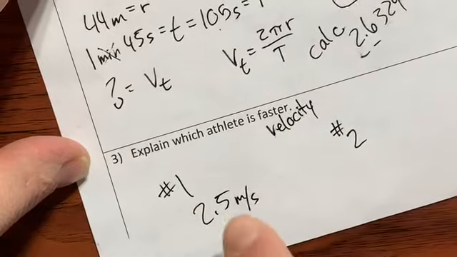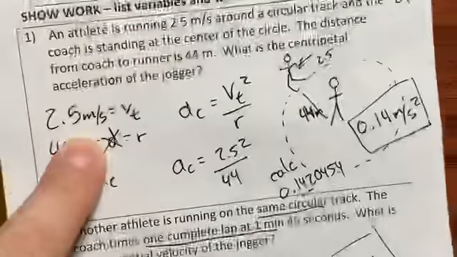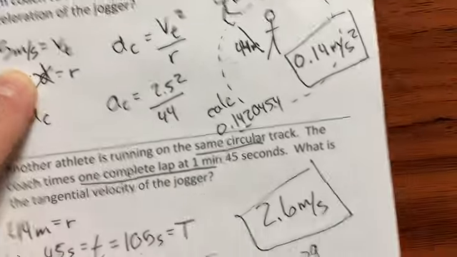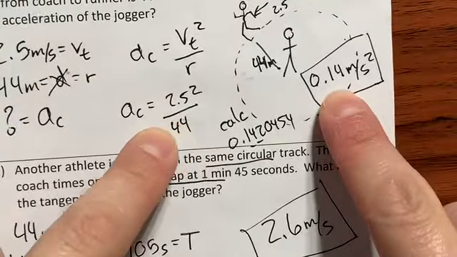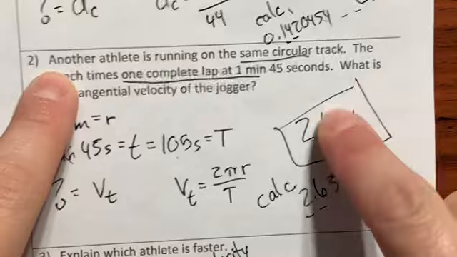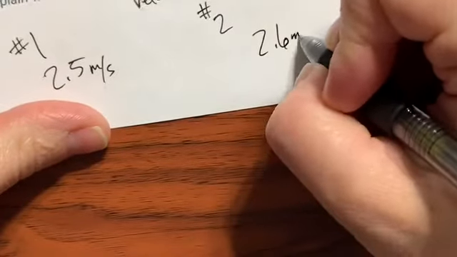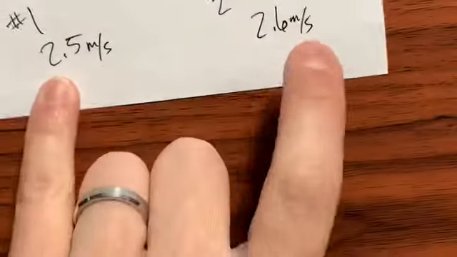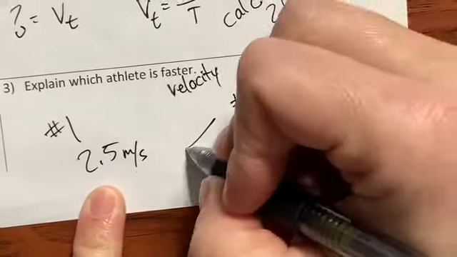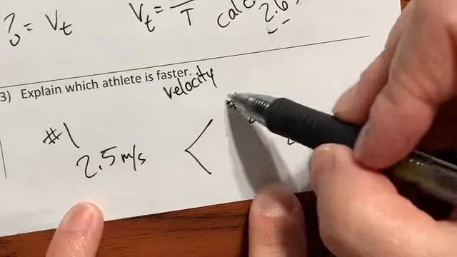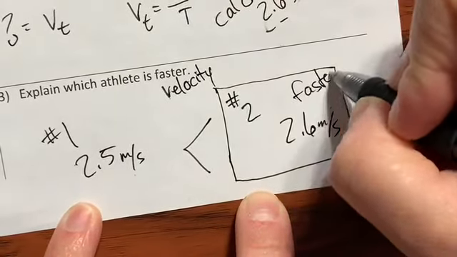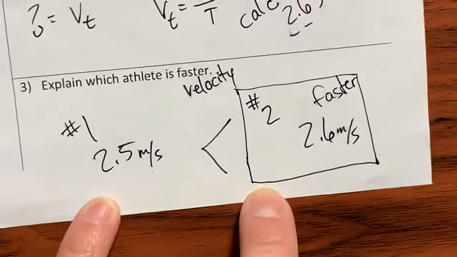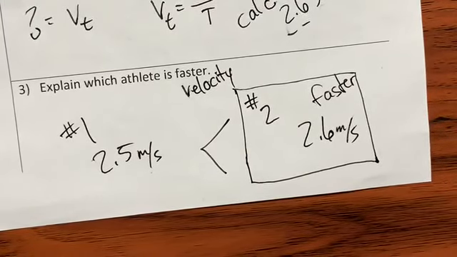That's letting us know it's velocity. So velocity is 2.5, not the acceleration. That's something different. Number 2, that's the velocity of athlete number 2, 2.6 meters per second. Comparing velocities, 2.6 is definitely greater than 2.5. So athlete number 2 is faster. Pay attention to what your variables are, what you're actually measuring.